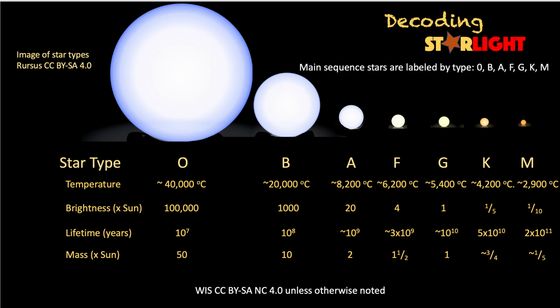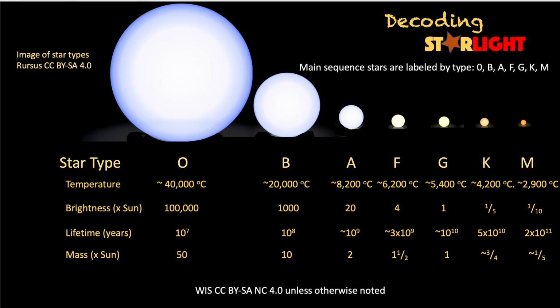To know more about stars, they're given different categories. So the main sequence stars are O, B, A, F, G, K, M. The Sun is a G-type star. There are different categories within that as well.